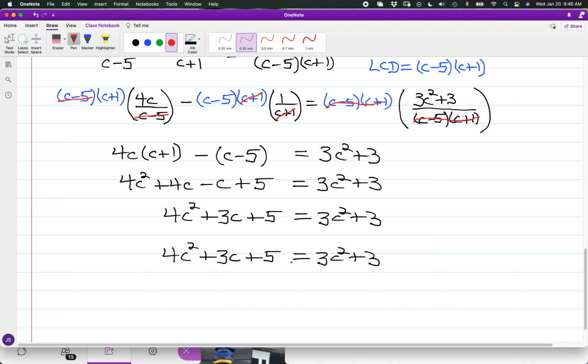Between the C squared terms, the lesser of the two is 3C squared, so I'm going to take this out and move the 3 by subtracting.